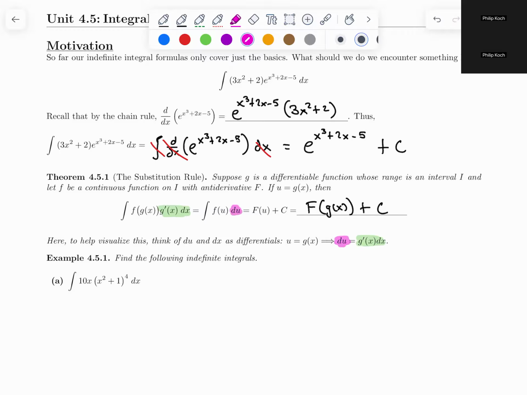And we're replacing the g of x with a u. That's what we're doing. We're doing what we call substituting. We're substituting in u to make it fit nicely.